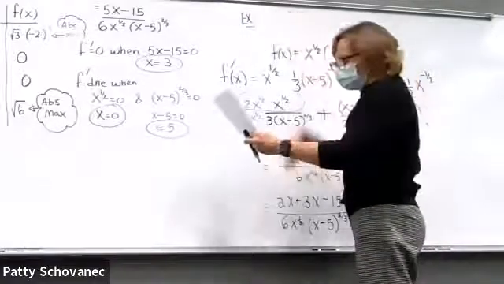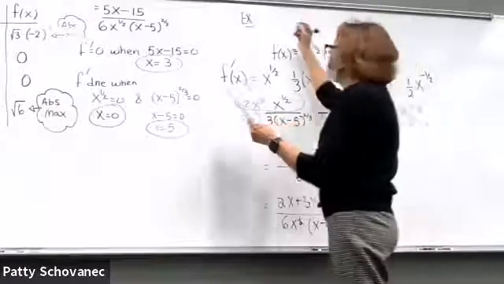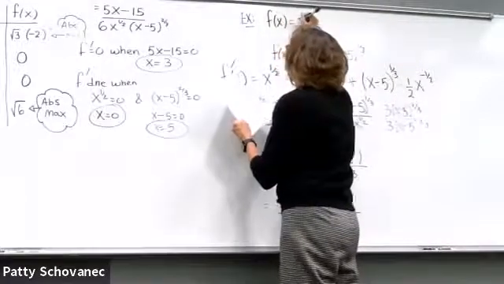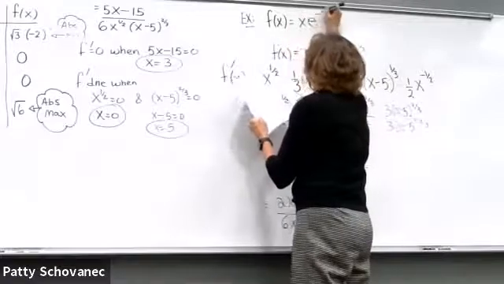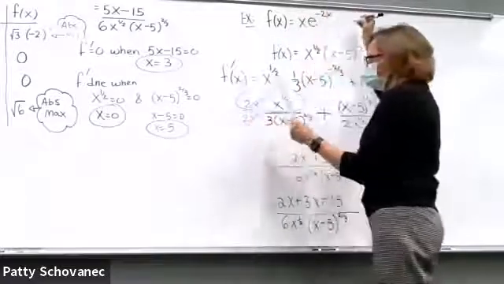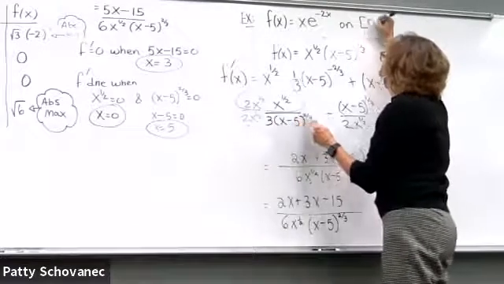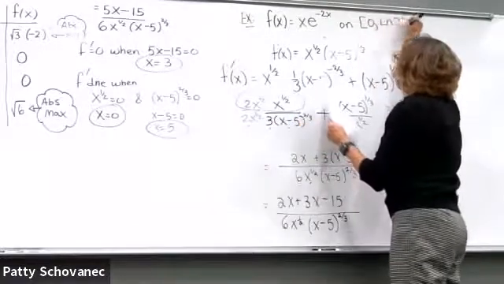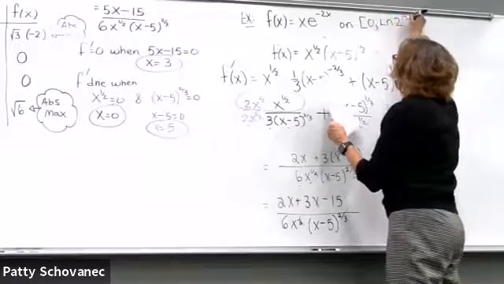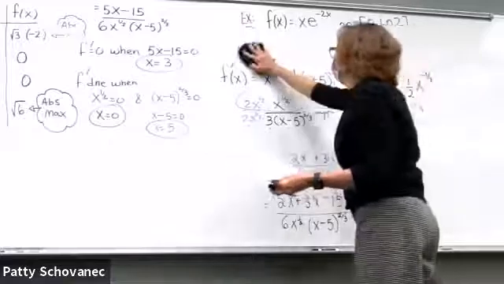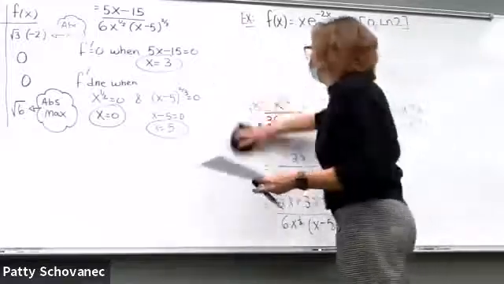So let's do f of x is x times e to the negative 2x on the interval from 0 to natural log of 2. E to the any power is a continuous function.